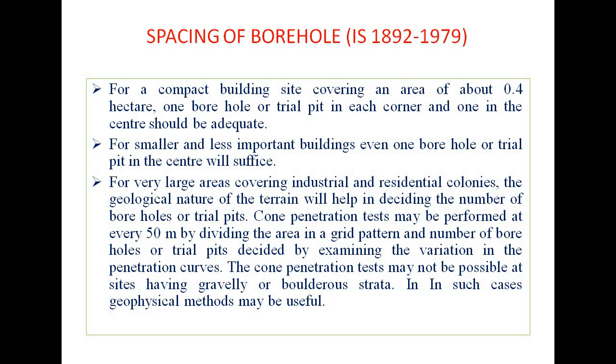Then for smaller and less important buildings, even one borehole or one trial pit at the center will be sufficient. And if it is a very large area, then it has to be divided into grids, and the cone penetration test or CPT may be performed at every 50 meters by dividing that area in a grid pattern, and the number of boreholes or trial pits decided by examining the variation in the penetration curves.